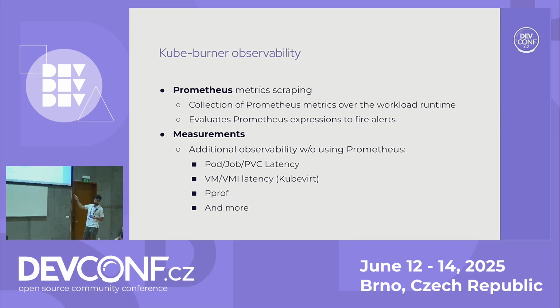There is also a type of measurement that is useful from a developer perspective, which allows collecting pprof profiling information periodically during the benchmark runtime, and more. We support more.